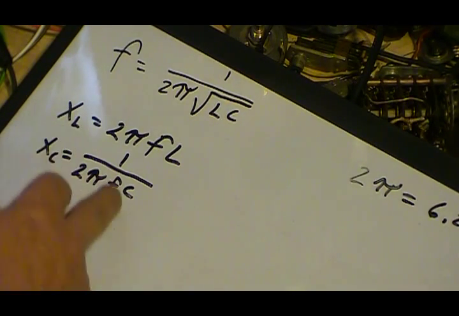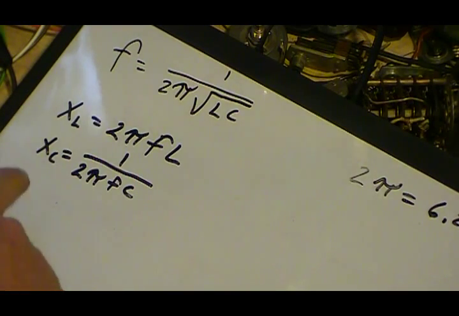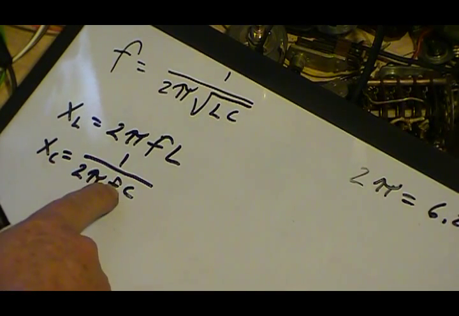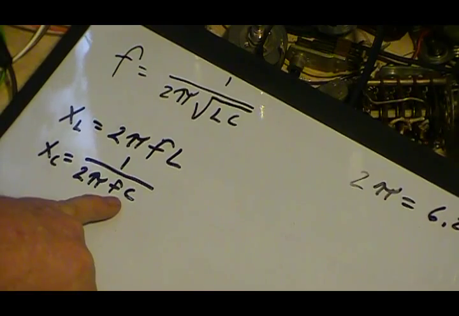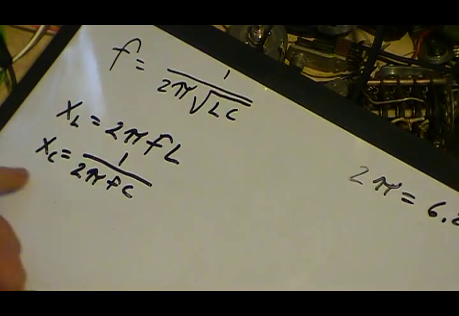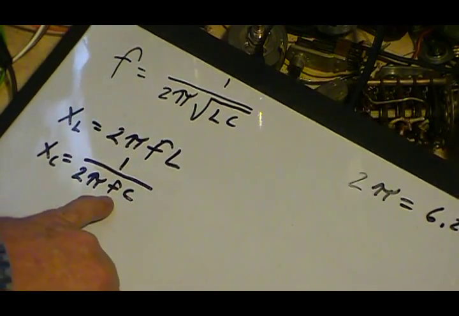It's called indirectly proportional, or indirect proportionality. Being that this 1 is over the F and C here, whatever they do as far as up or down in their value is indirectly proportional to this. It's opposite. So X sub C will do just the opposite of what these guys are doing.